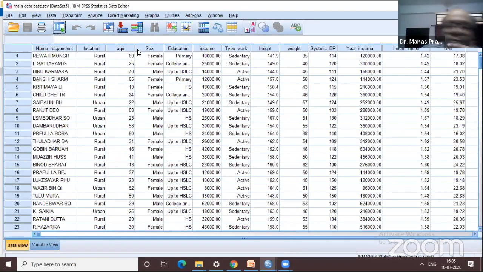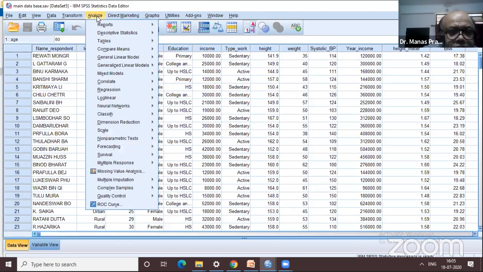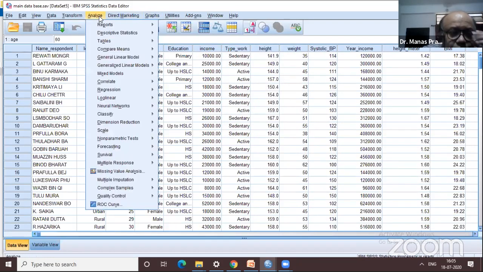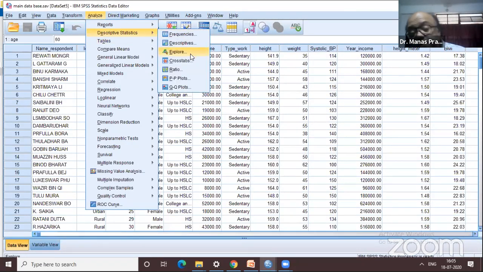Suppose I want to make the QQ plot for the variable age. For that, I have to go to graphs, legacy dialog. Actually, we can do it here also. A QQ plot can be constructed in analyze also. So for constructing a QQ plot, I have to go to analyze, descriptive statistics, then explore.